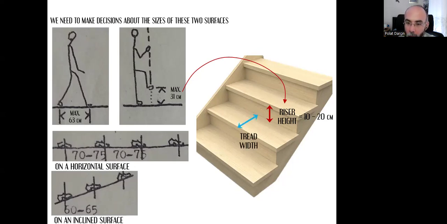Based on this fact, we can have a tread width of approximately 30 centimeters. Riser height can be between 10 to 20, 21, 22 centimeters. Tread width should be 30 centimeters. It can be 29, 31, but in that average.